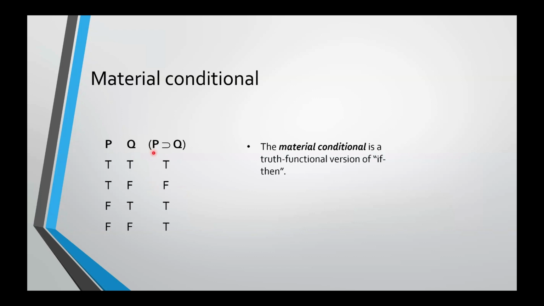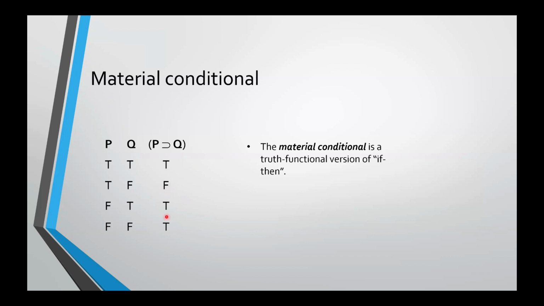If the antecedent is true and the consequent is false, then clearly there's no connection between them. So if it rains and the grass doesn't grow, then we know that it's false that if it rains, then the grass will grow. So we know that the conditional in that case is going to be false.